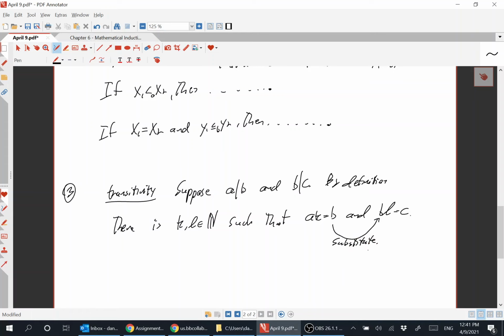Take the B equal to AK and plug it in here. And then, pretty much follows from the definition right after that.